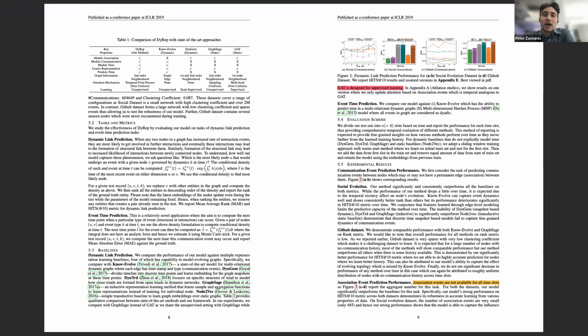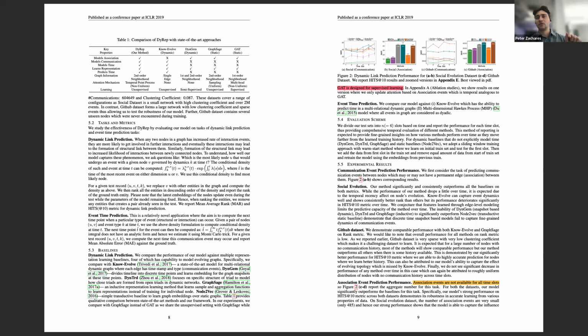There's a question here: how about removing nodes or edges or changing node or edge features? In the paper itself, they assume that the node features can only be used in the initialization of their method. So your initial representation at T0 could be node features, but they don't handle the case where node features change.